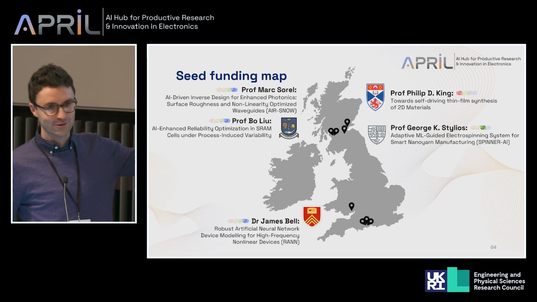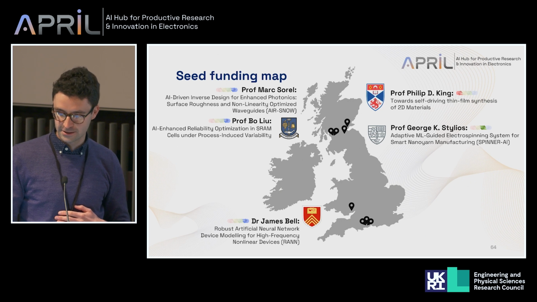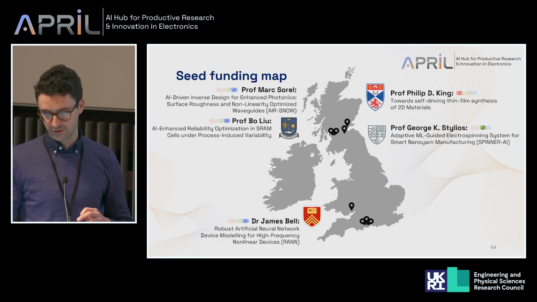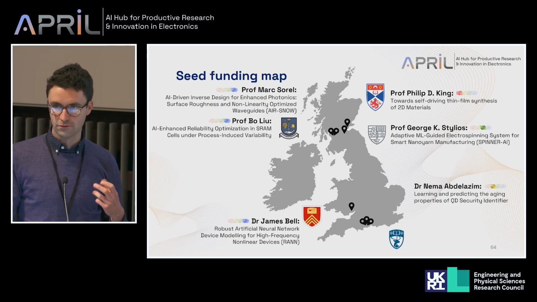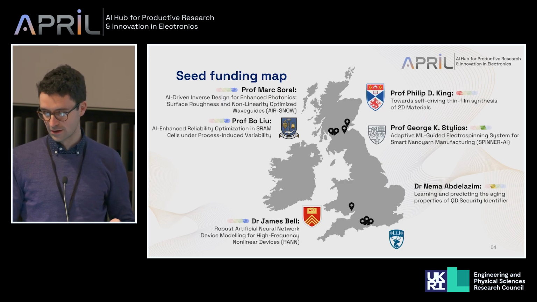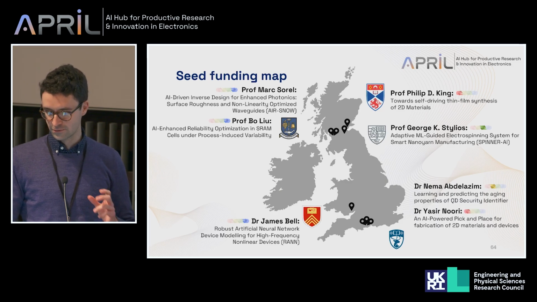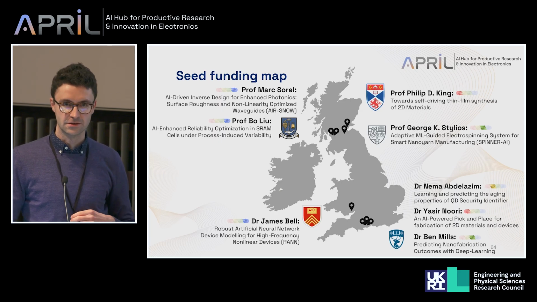Then we have to go quite a long way south to the group of Dr. James Bell in Cardiff, looking at robust artificial neural network device modeling for high-frequency nonlinear devices, or RAN. And then we go to the University of Southampton, where we've got representation from Dr. Naima Abdelazim, who's going to talk about some of her research. The group of Dr. Yassir Nouri, and the group of Dr. Ben Mills.